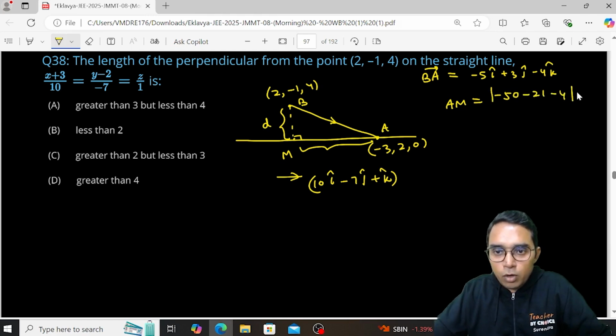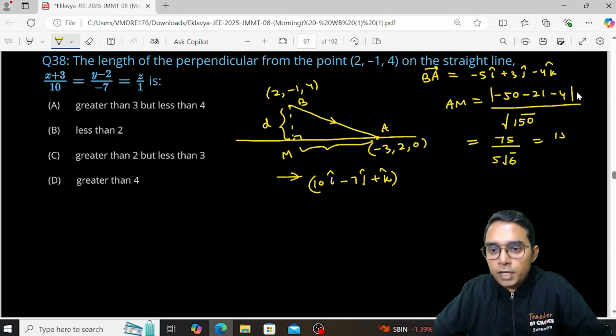I think we should take the mod so that the length is positive, upon the magnitude of the vector on which we are taking the projection. So it will be root of 150. This becomes 75, upon root, we can write it as 5 root 6. So this will be 15 upon root 6.